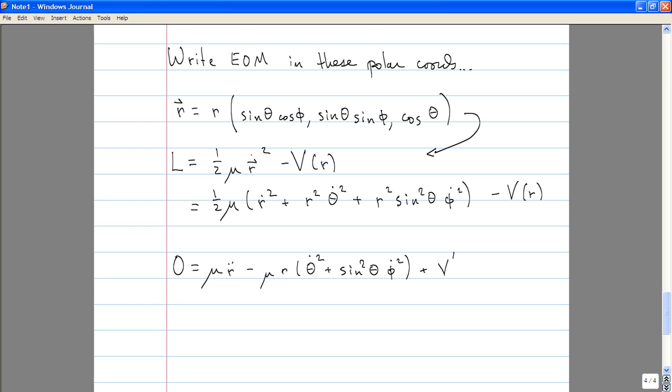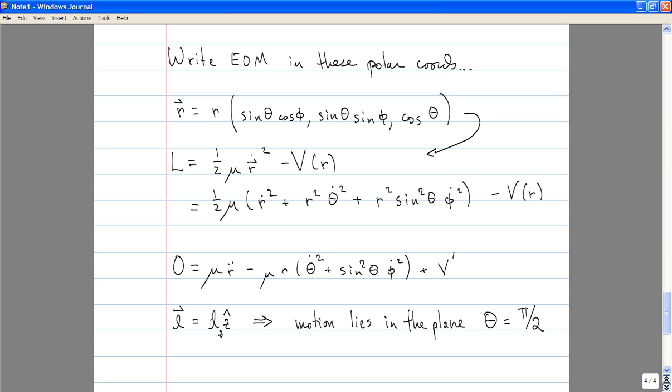Now, remember that we are using coordinates where L is proportional to z hat, so that the motion is completely confined to the plane where the z component of r is equal to 0, which in these polar coordinates means that the motion lies in the plane theta equals pi over 2, because that's when cosine theta is equal to 0 and sine theta is equal to 1.